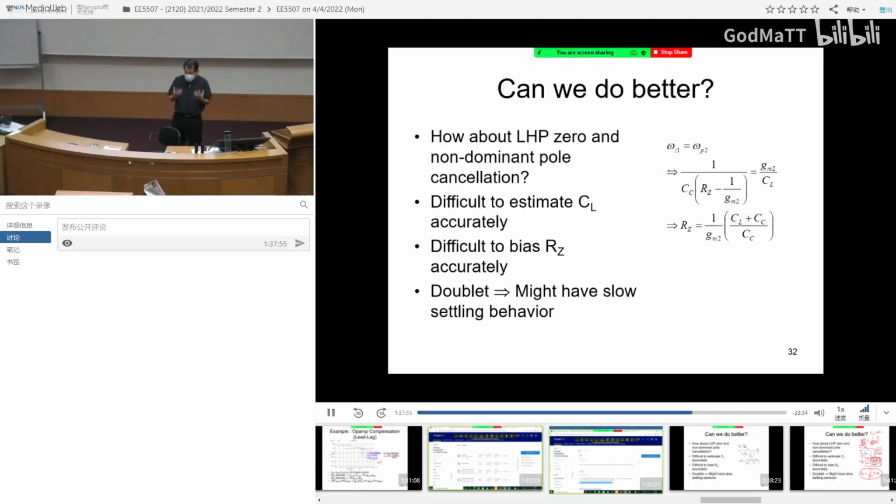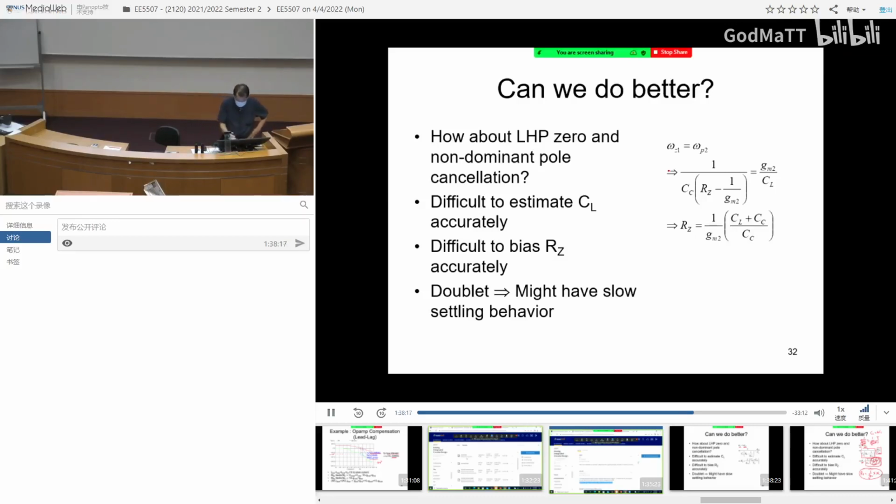I will be able to reduce the whole system into just a one pole system. One pole system, always stable. Am I right? Because the phase lag is only 90 degrees. No matter what, you always get 90 degree phase margin. So that is the theory behind.